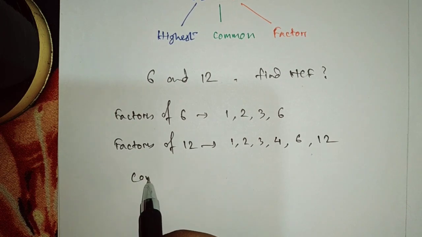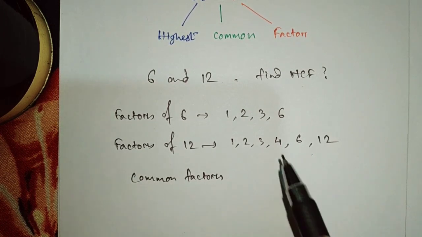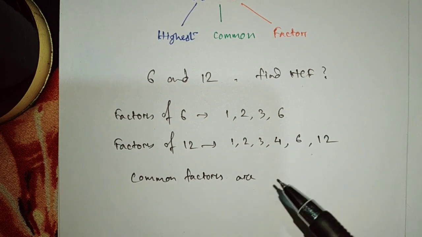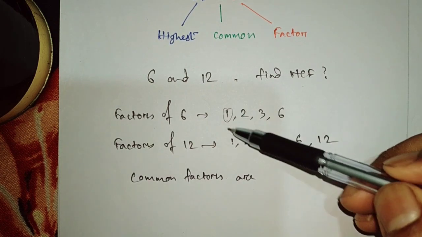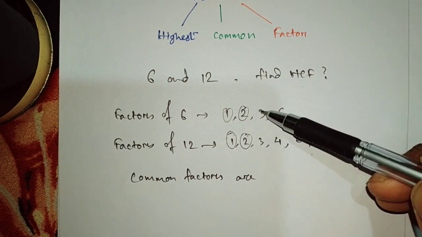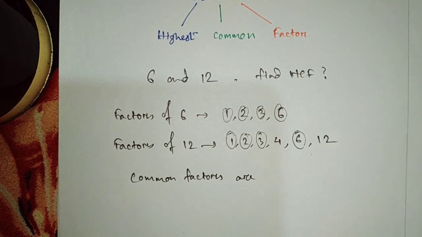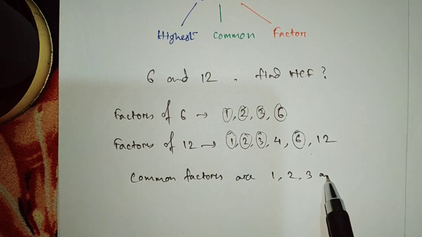Let us see. 1 is a common factor, 2 is a common factor, 3 is a common factor and 6 is a common factor. So the common factors are 1, 2, 3 and 6.